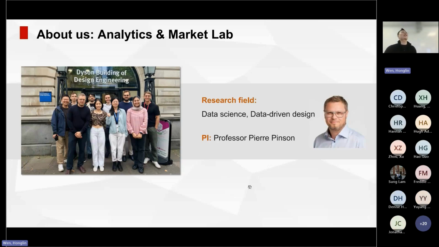The design is not about art or something. We mainly do work on data science and data-driven design. The design is most often relevant to inverse problems, which is somehow relevant to some of your research. The PI is Professor Pierre Pinson.